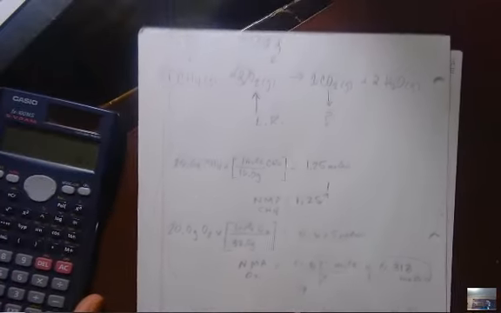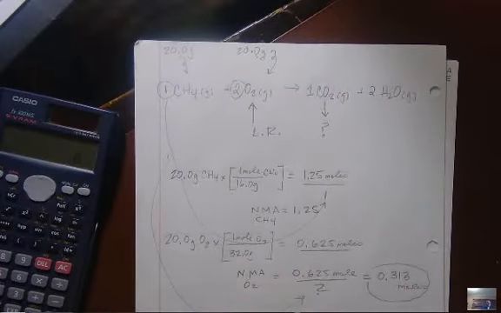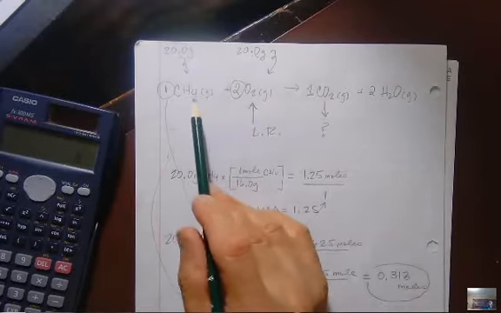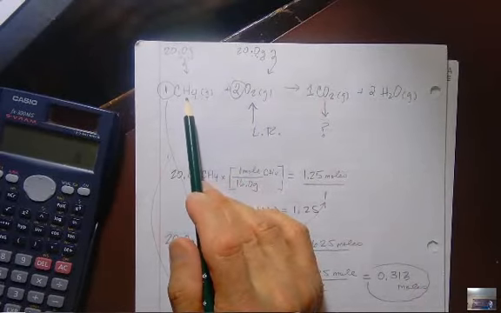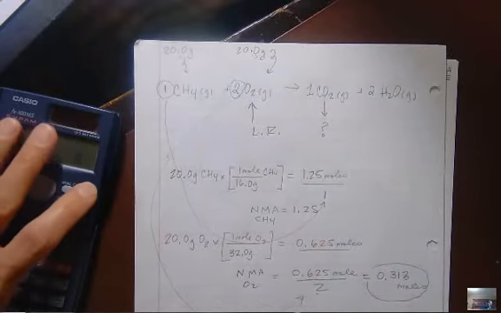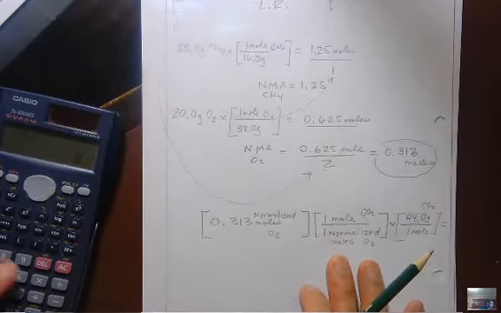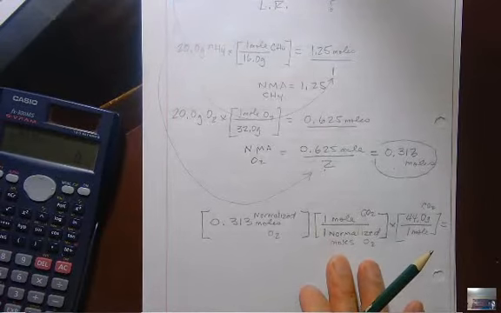Then what we can do is, because we've got 3 out of 4, well, let's go ahead and get this answer first. So I have 0.313 times 1 divided by 1, which doesn't change anything, times 44. So 0.313 times 44.